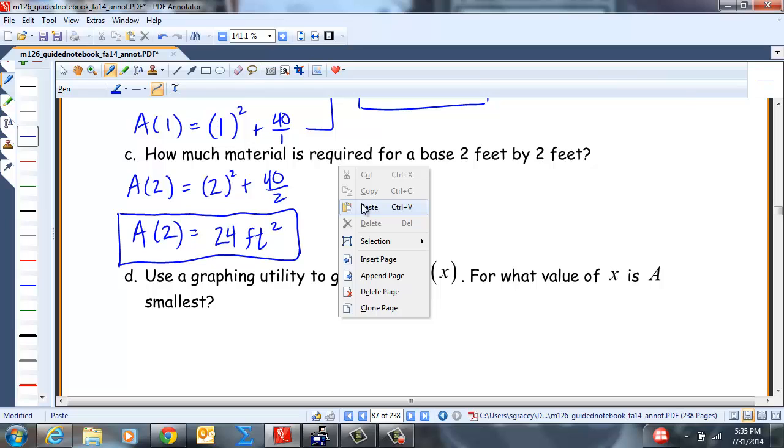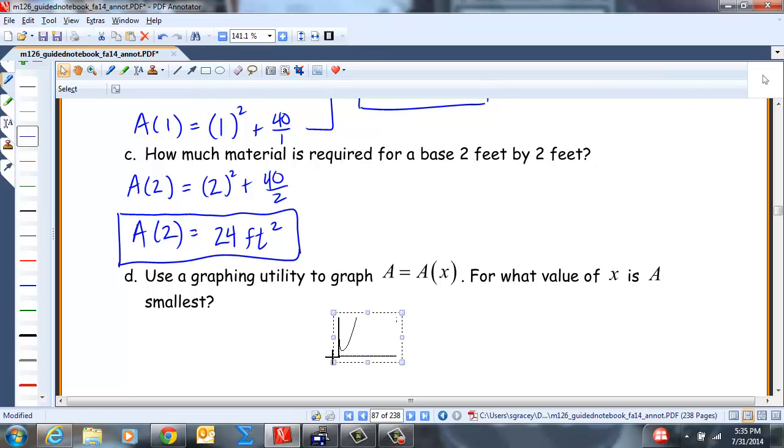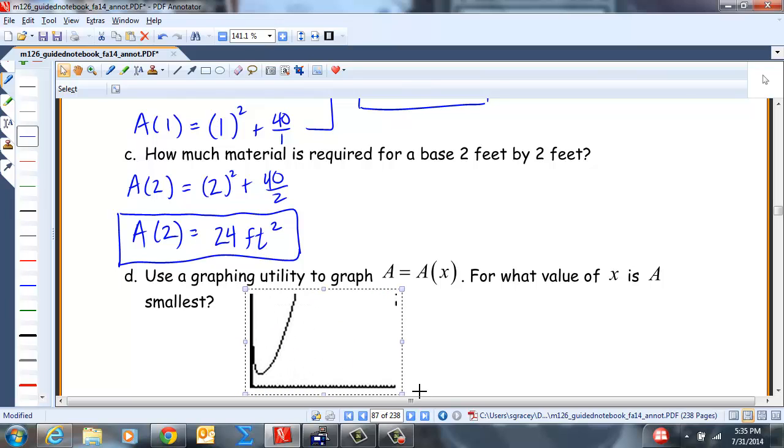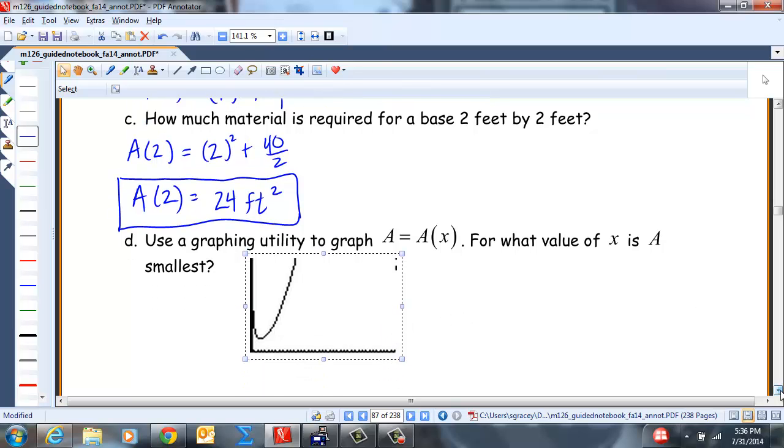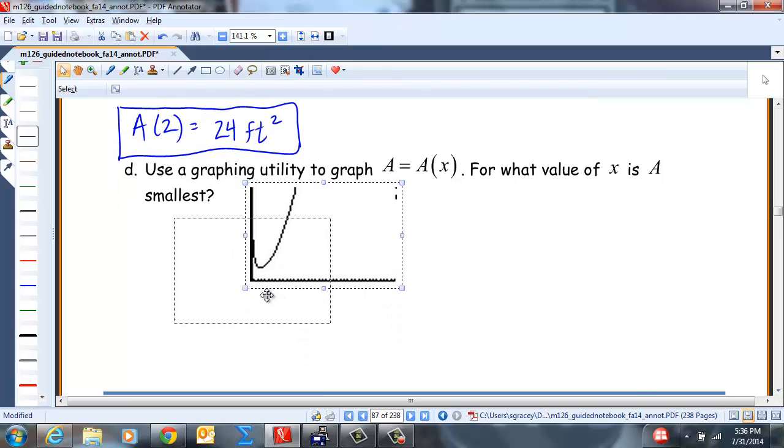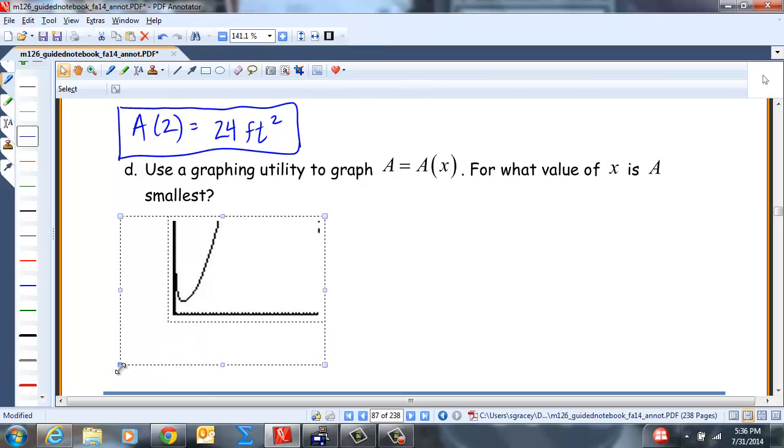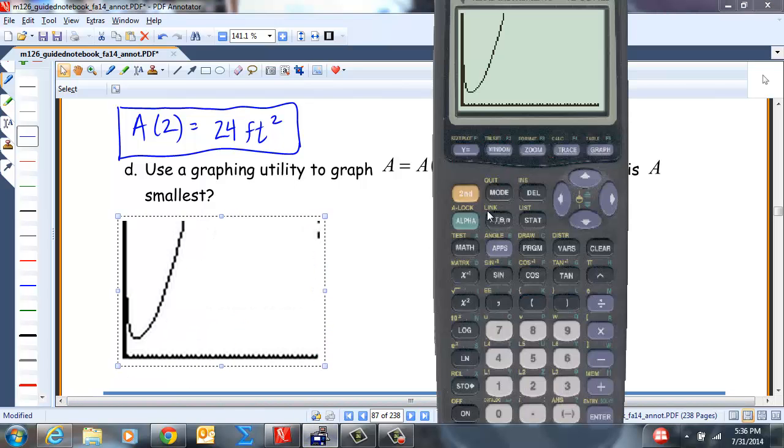All right, so for what value of x is the amount of material the smallest? So we're interested in that minimum right there, that local minimum. So let's go ahead and go to second, calculate. Now we're doing minimum. I can't see where my cursor is. Oh, there it is.